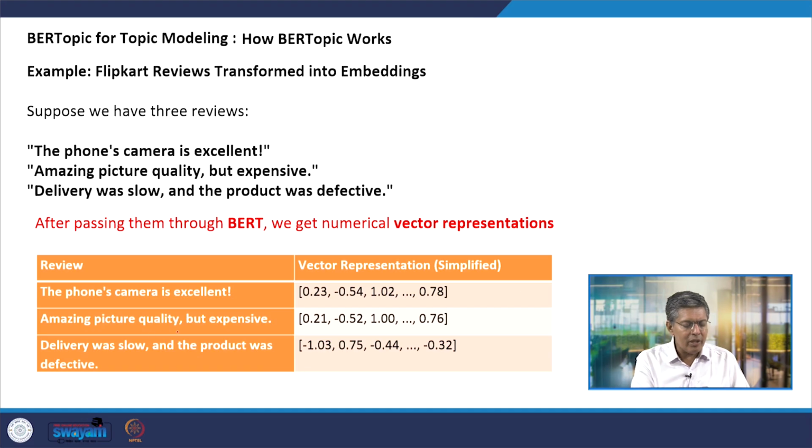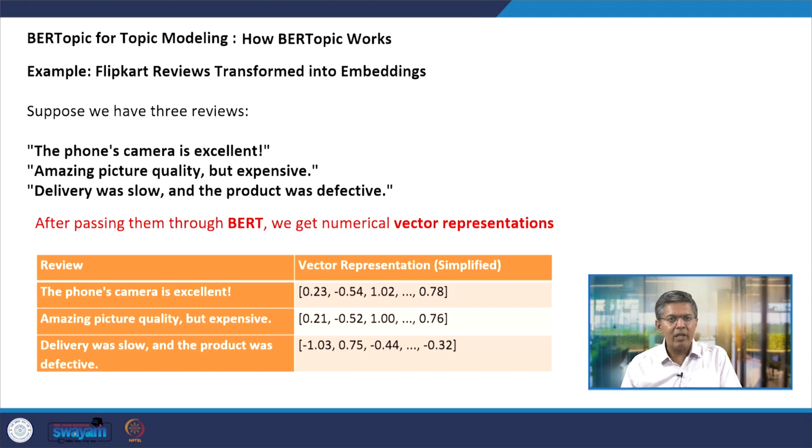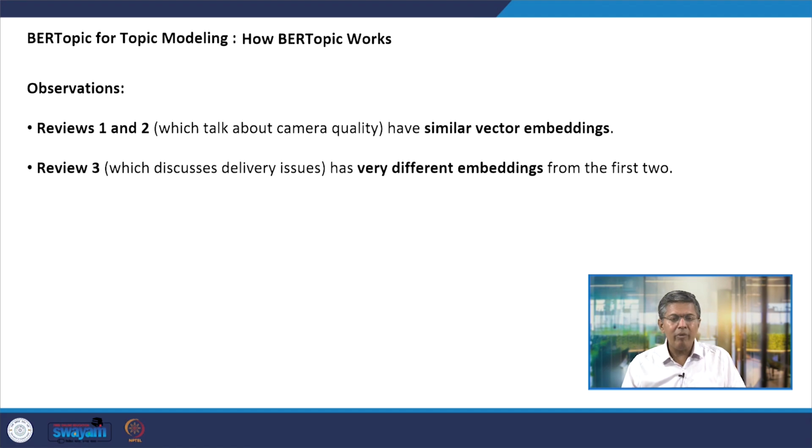Similarly, "amazing picture quality but expensive" has been broken into a vector representation, which is 0.21 and goes up to that 700 something. "Delivery was slow" is again represented in a vector manner. But when you have such large numbers, 780, 760 numerics, it will be very difficult for us to analyze anything.